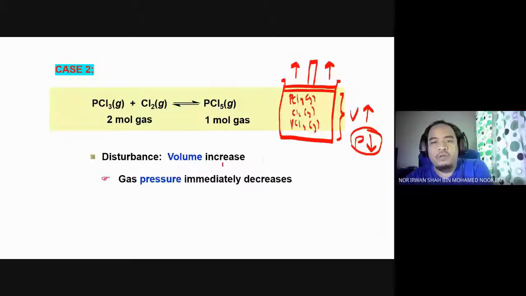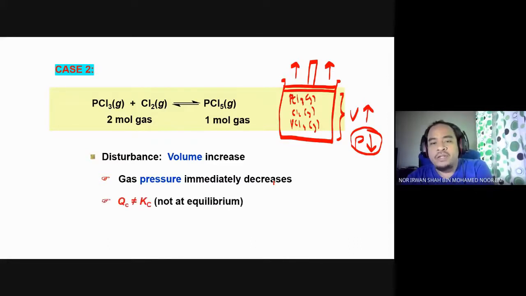So remember Boyle's law. When volume increases, what will happen to the pressure? So pressure decreases. So when the volume is increased, the gas pressure immediately decreases due to the increasing volume.